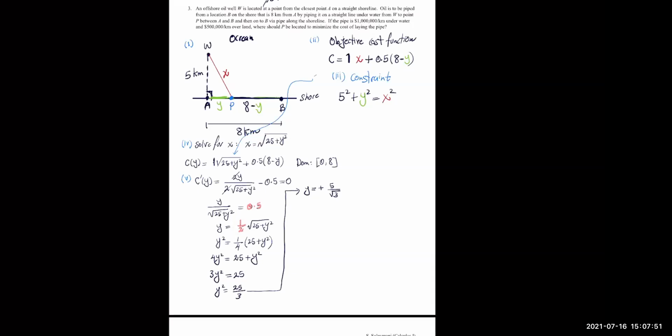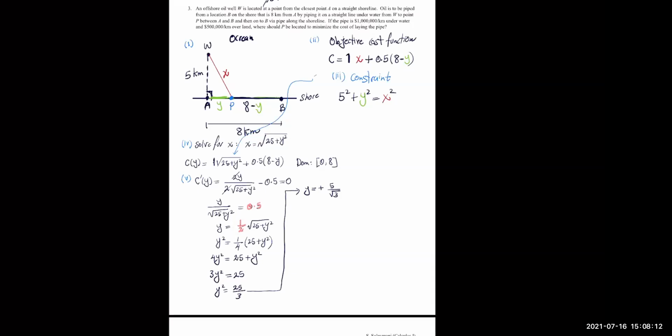There are two ways that you can do this. You can plug in the endpoints and the critical value to show that the critical value gives you the lowest, not the highest cost.